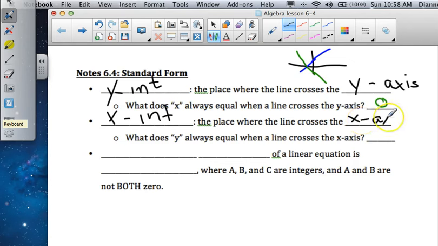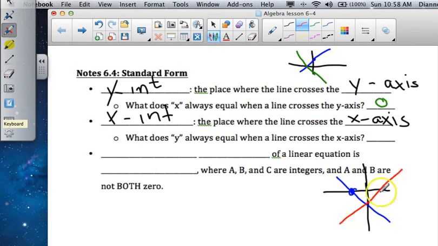And once again, if you have a line, what would y equal this time? What's your y value where the line crosses the x-axis? So hopefully you said 0.